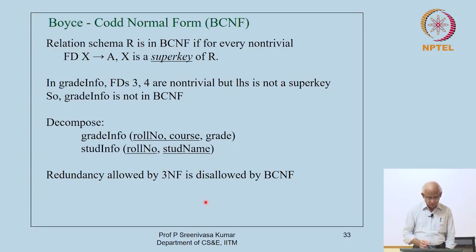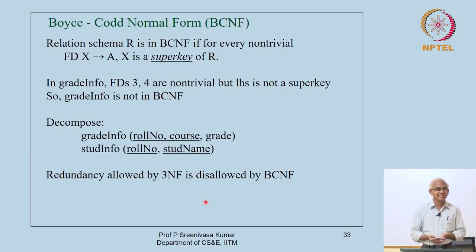and so we normally try and go up to Boyce-Codd normal form. But one of the questions that might crop up right now is: why are you boring us with all these definitions? If Boyce-Codd normal form is what you actually want, why don't you simply define Boyce-Codd normal form right in the beginning and be done with the class?